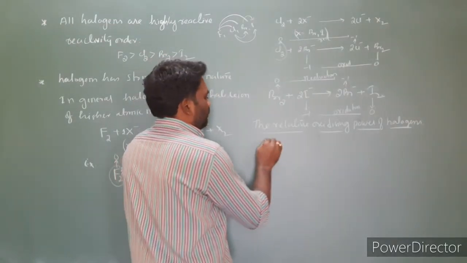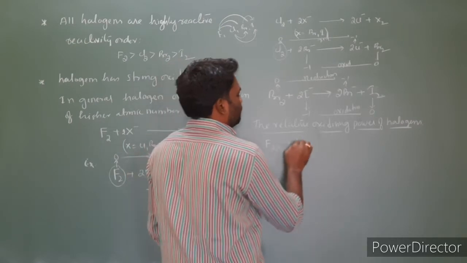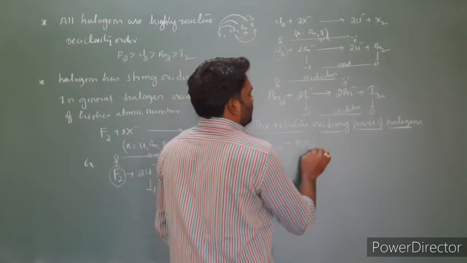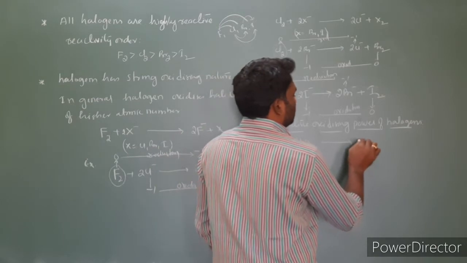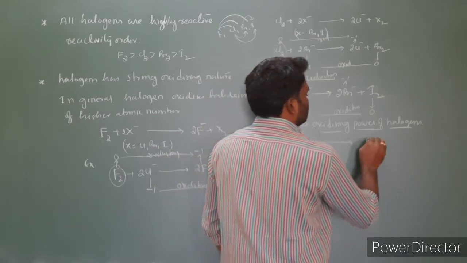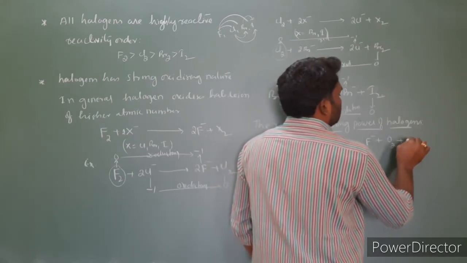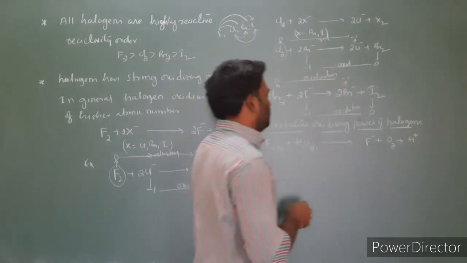First I am taking fluorine, F2. F2 is a gas plus water, a liquid. Then the products are F- plus O2 plus H+. So we have to balance it.